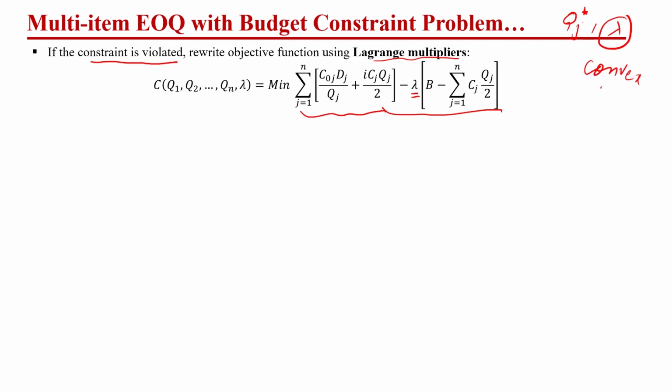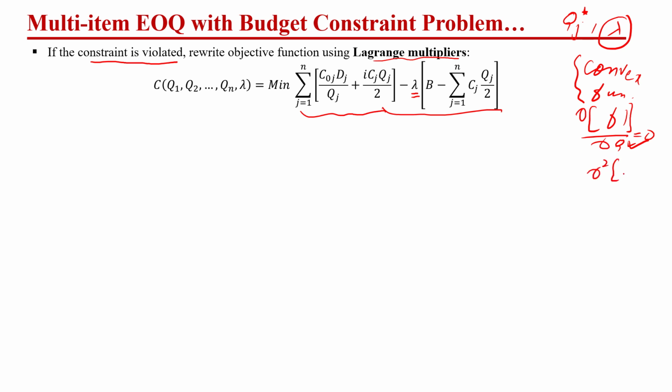With a single decision variable, the convex property check is that we differentiate that function with respect to that decision variable, and set it equal to 0. Based on that we get the value of Q, as we have done with the single item economic order quantity model.